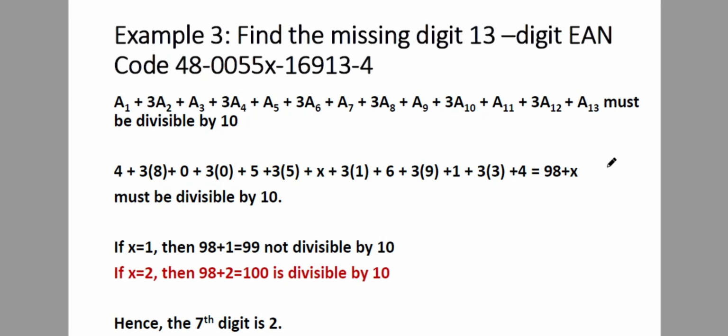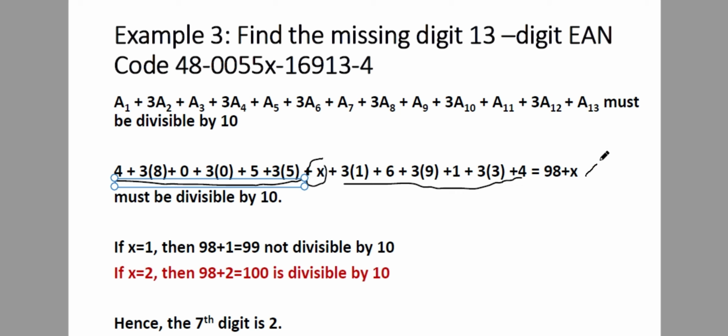So last example, what if, same as with UPC, one of the digits is not readable or damaged? So we will now use the complete formula, from A1 to A13, and the even numbered positions are multiplied by 3. And again, it must be divisible by 10. So using your calculator, this plus this is 98 plus x.